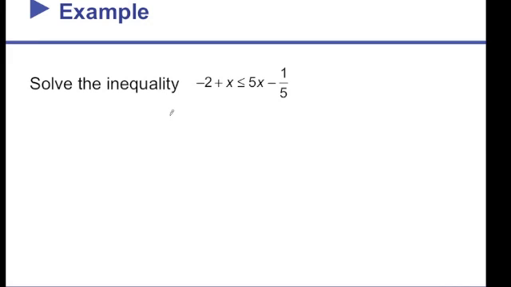So here's a problem to try. First, we have a fraction. We only have one fraction, so let's multiply everything by the denominator, 5. But make sure you multiply every term by 5.